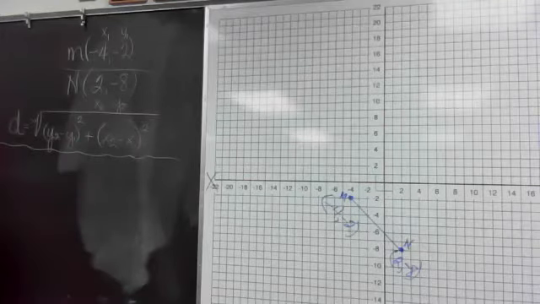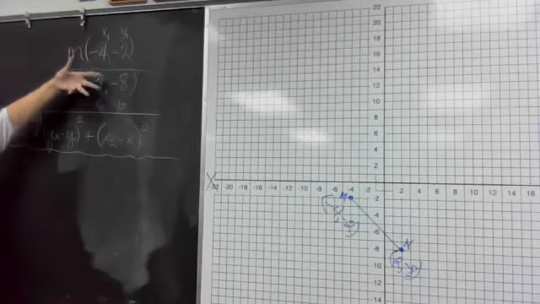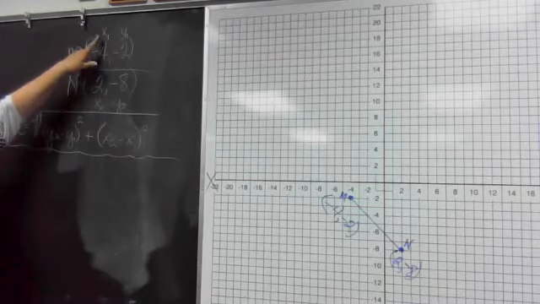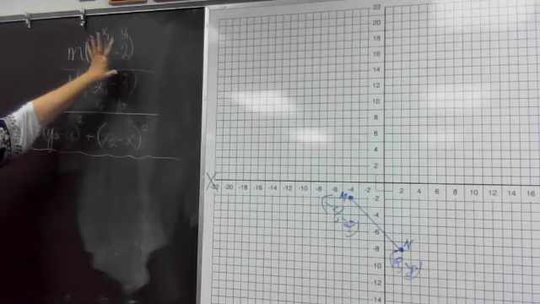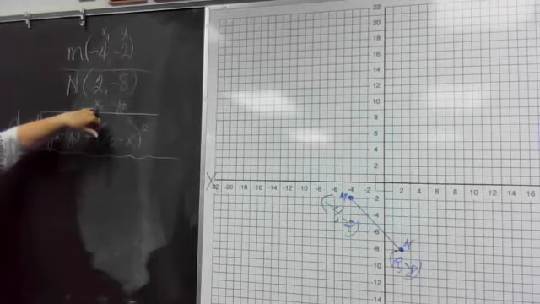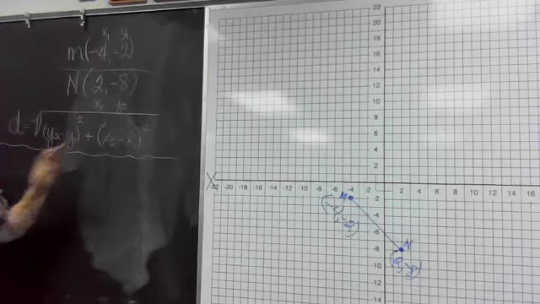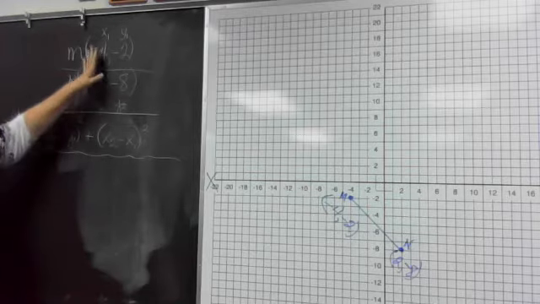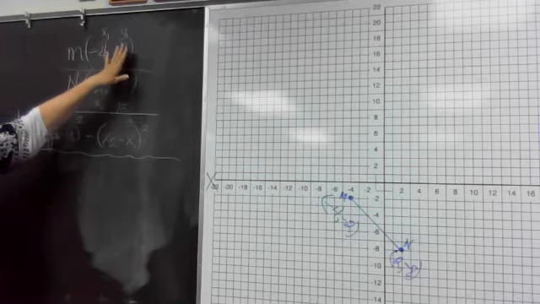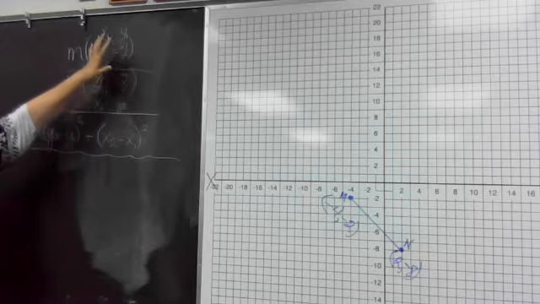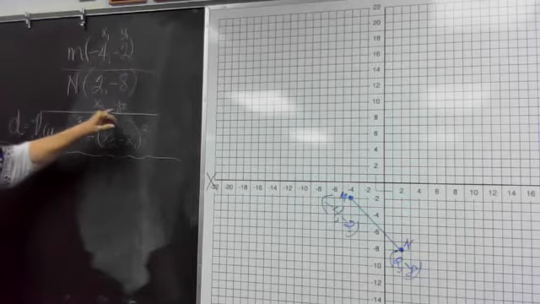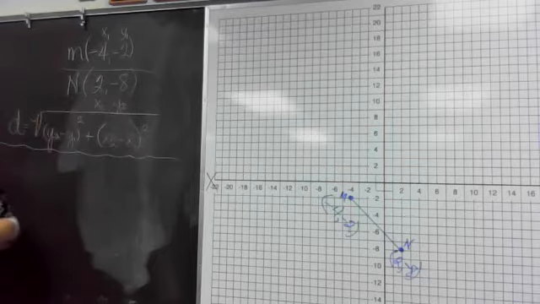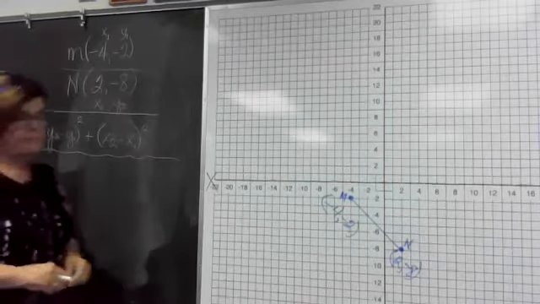Don't worry whether you get these two mixed up; it will still work in the formula. Do not call this X1, Y2. The ones and ones have to be in the same point, and the twos and twos have to be in the same point. Y'all understand? If you mix those up, then it won't work.